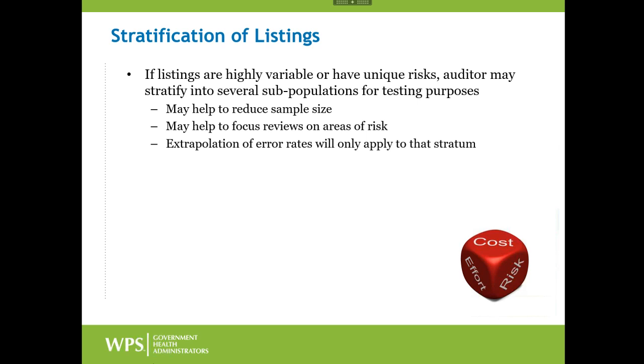Or there may also be reasons that are obvious by looking at the listing that, hey, some of these units are this type of bad debt, for example. Some other units are a completely different type of bad debt. Now, this is not a bad debt YouTube video, but just one easy example would be what's called a crossover or dual eligible bad debt.